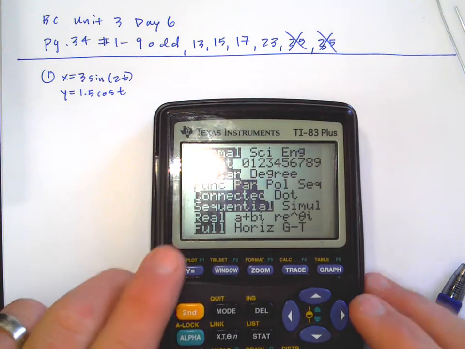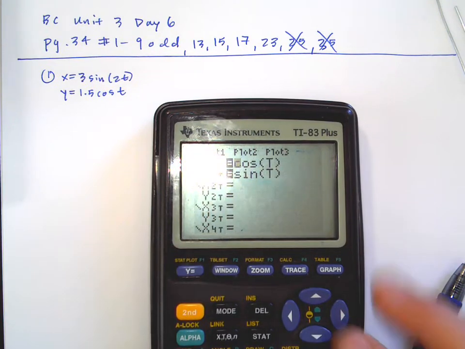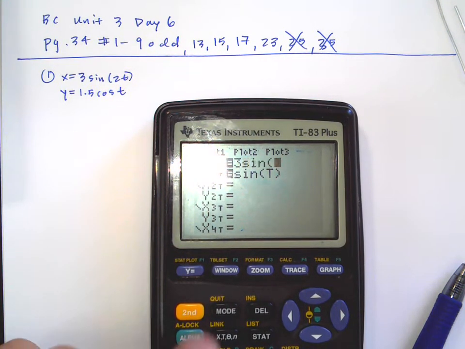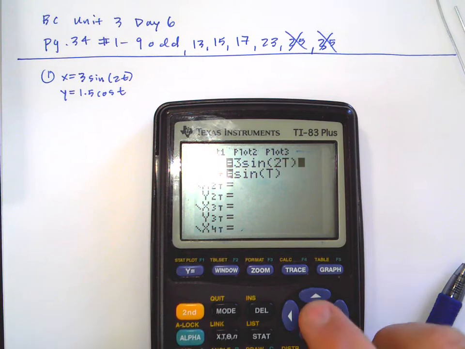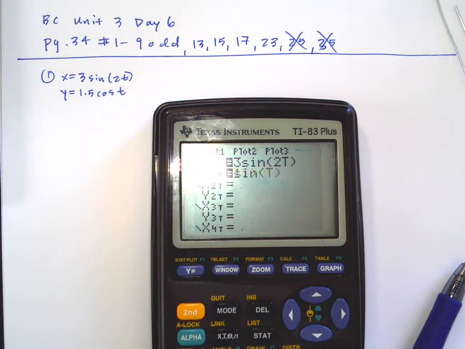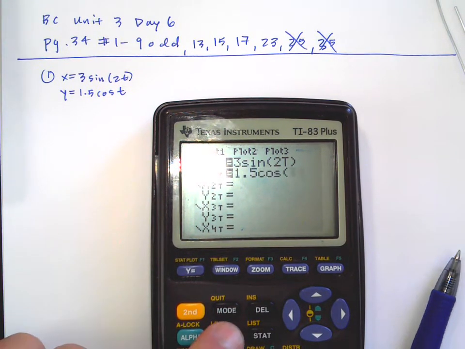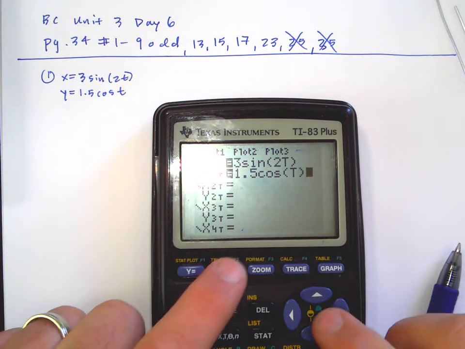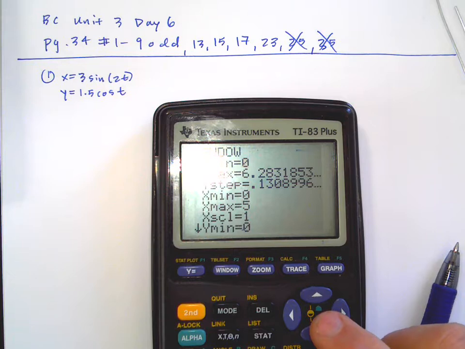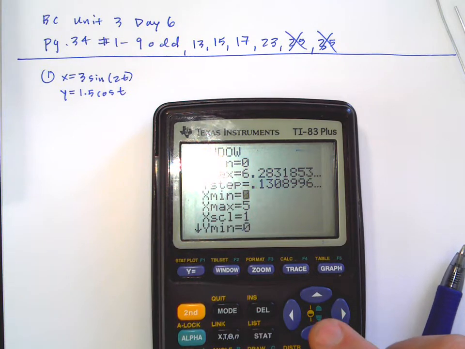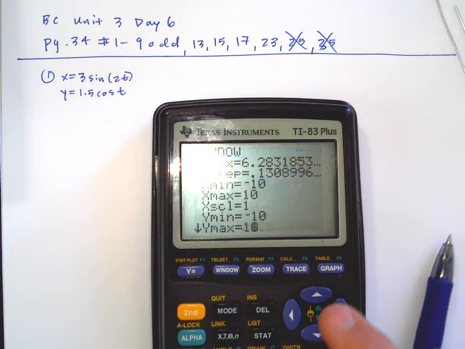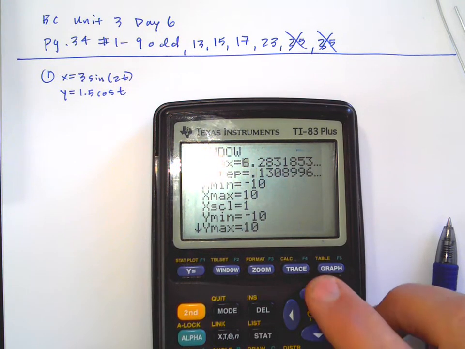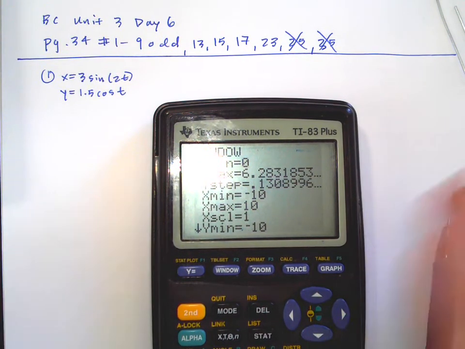So parametric mode, you go to y equals, and you can enter these in: 3 sine 2t, and then 1.5 cosine t. Now we want to go to window, and we could say negative 10 to 10, negative 10 to 10 to start with, but then t min and max, it's time.